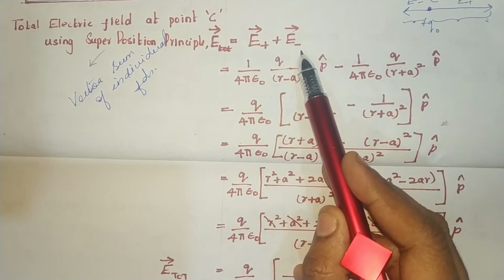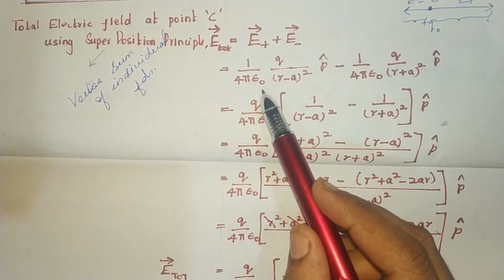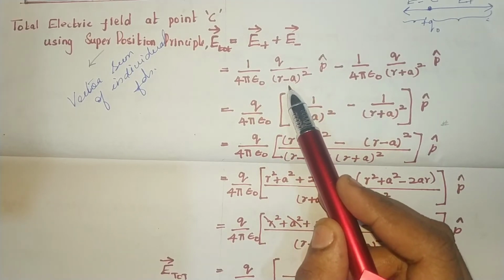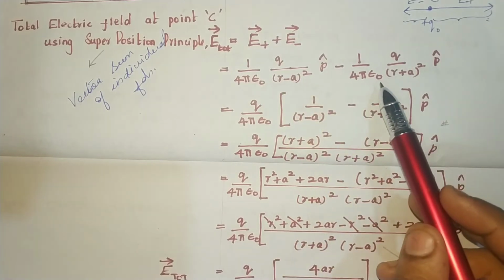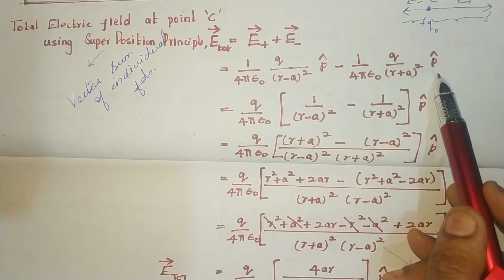E minus vector க்குரிய expression நமக்கு தெரியும். Just substitute பண்ண போகிறோம். 1 by 4 pi epsilon naught q by r minus a the whole square P unit minus 1 by 4 pi epsilon naught q by r plus a the whole square P unit.